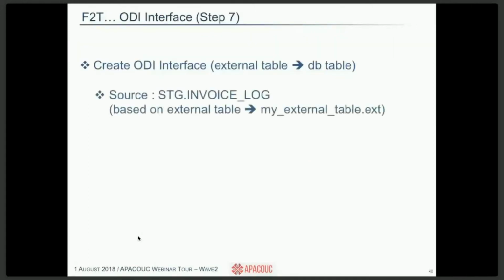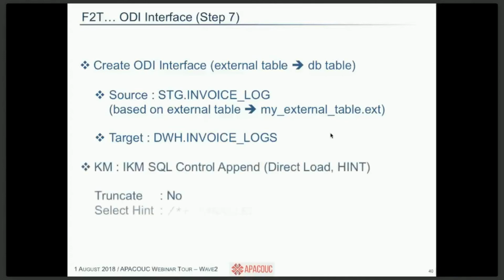As I told you, there will be a single ODI interface which has stg.invoice.log as a source. It is based on an external table with my external table.ext file, because we are renaming the next file to my external table. And the target is DVH invoice logs.